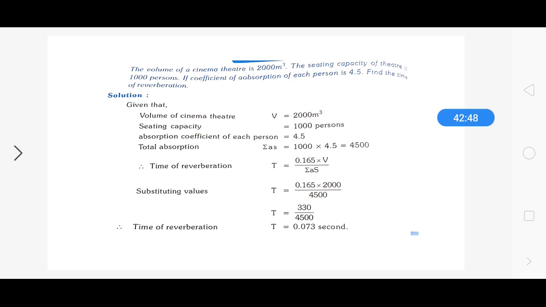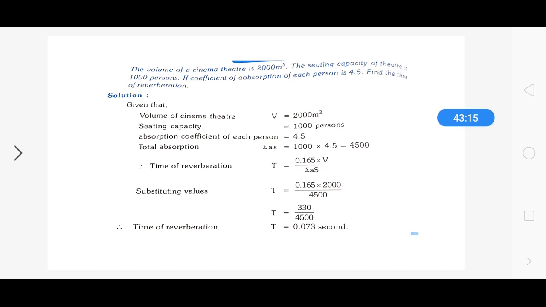So volume of the cinema theatre V is equal to 2000 meter cube. Seating capacity is 1000. So total absorption means sigma AS. Here A is given, that absorption coefficient, that is 4.5, and S is the reflecting surfaces.